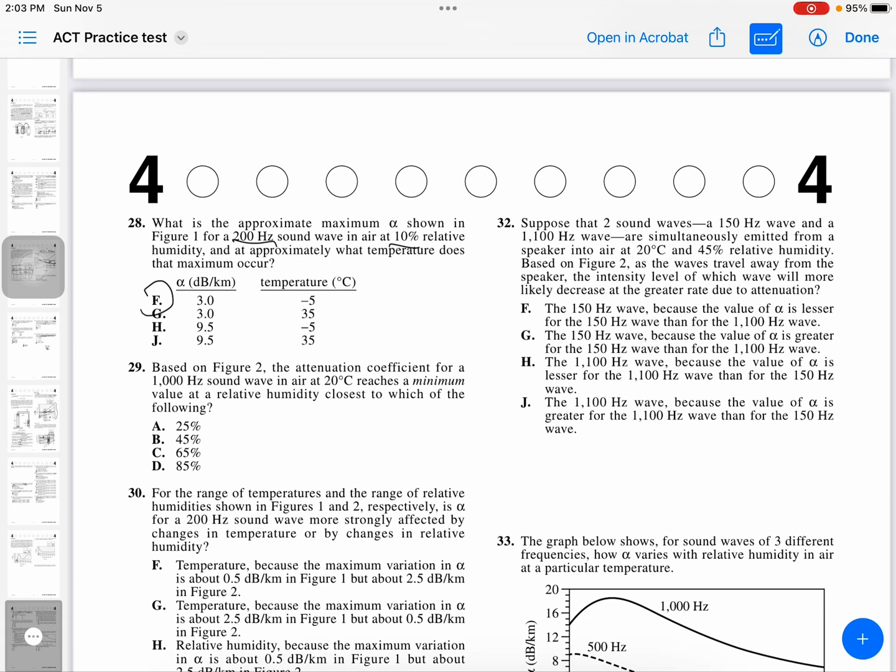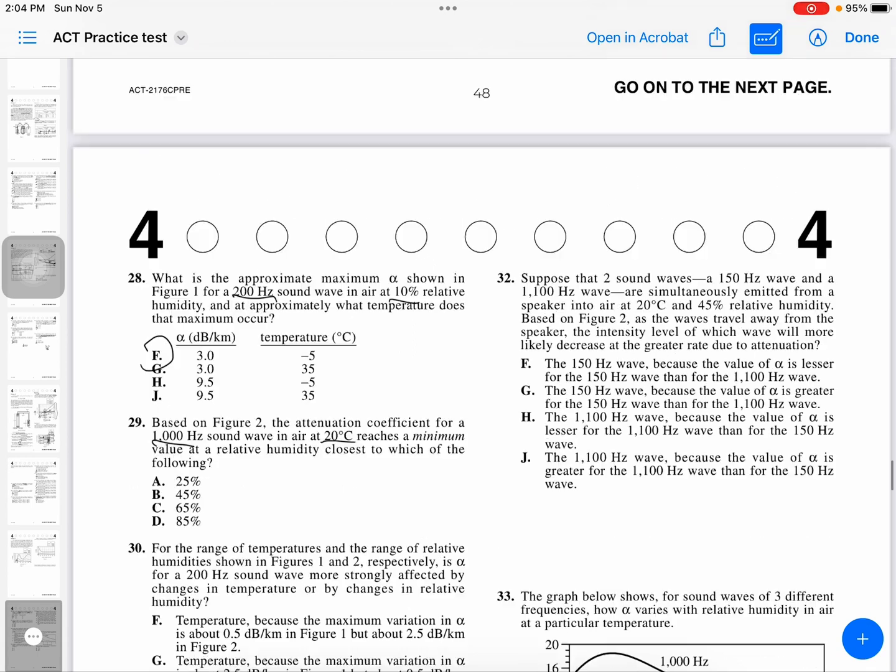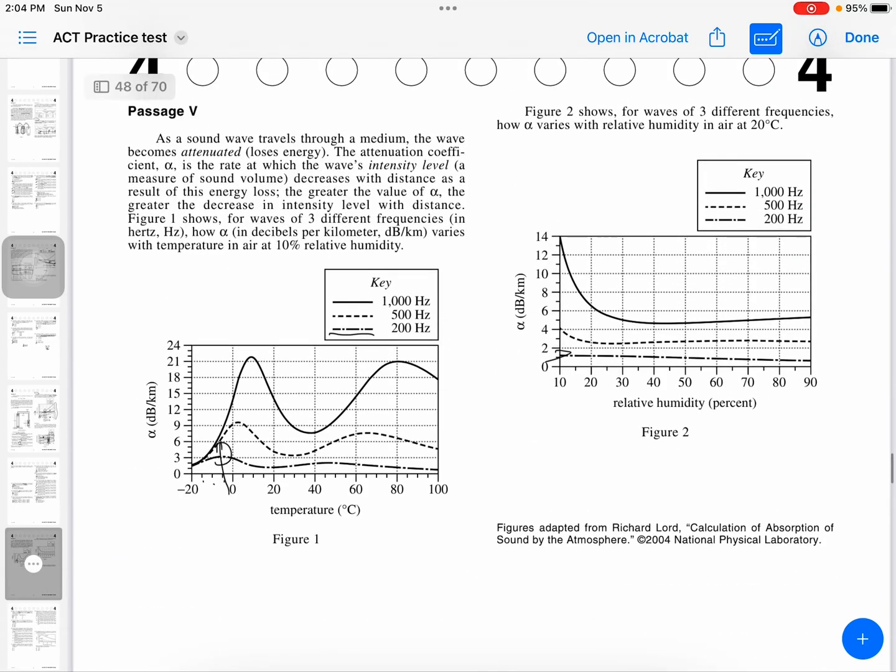Based on figure number 2, the attenuation coefficient for a 1000 hertz sound wave in air at 20 degrees Celsius reaches a minimum value at relative humidity closest to which of the following? 1000 hertz, 20 degrees Celsius. So we're here, which is about just under 15.